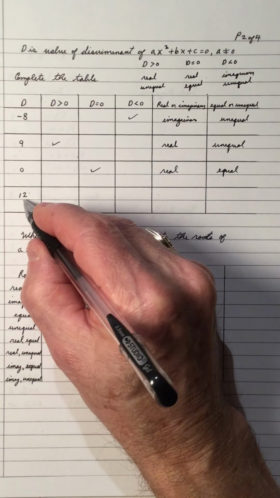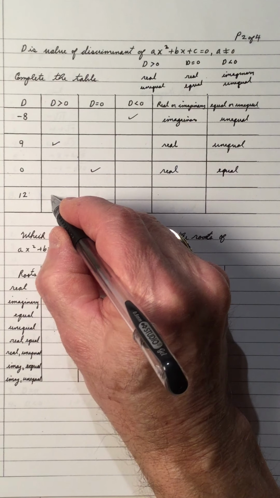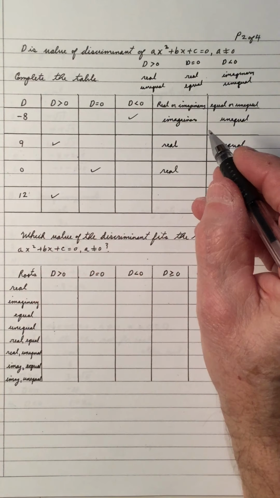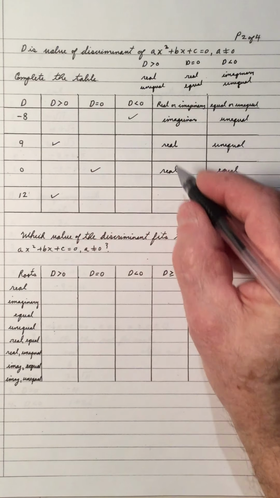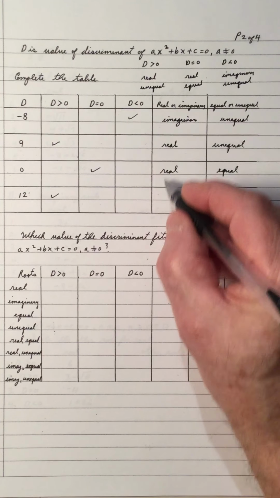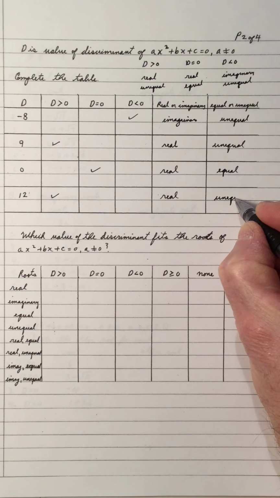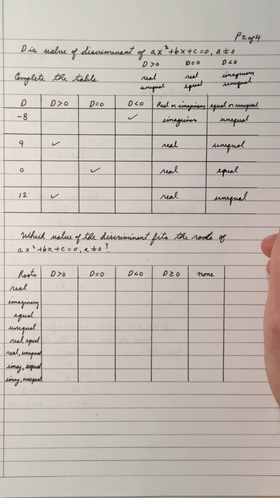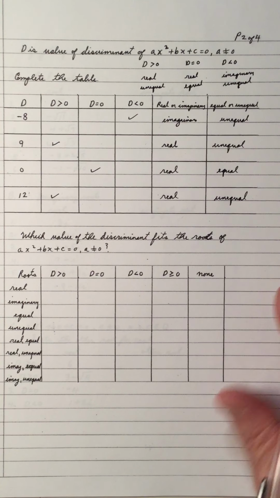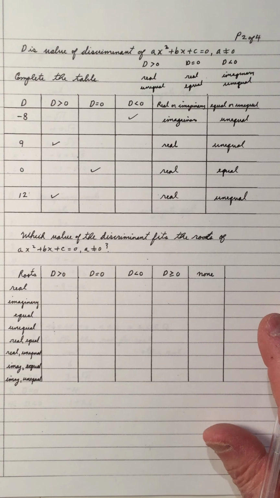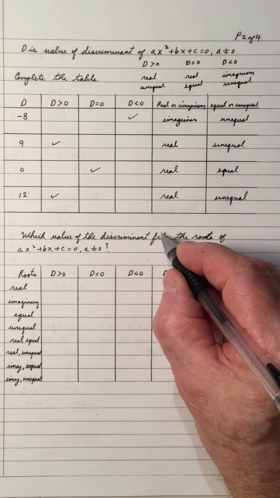And if D is 12, D is greater than 0, so the roots are real and unequal. So keep practicing that to make sure you know it, because it will come in handy later and in future math, so learn it now and you'll have less trouble later.